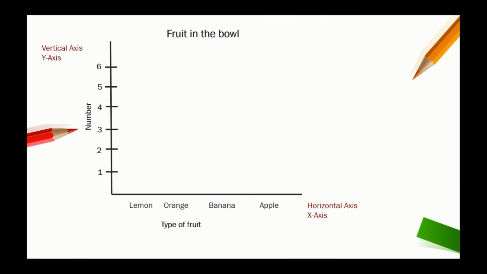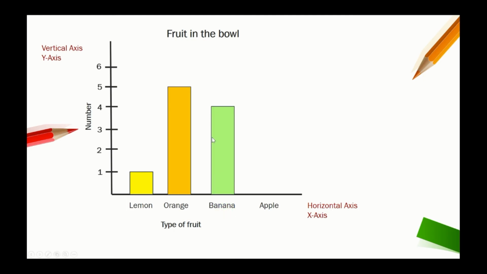The next thing we're going to do then is create the bars in our bar chart. So starting first with lemons. In our lemon category, we create a small bar that represents the number of lemons we have. So going across from 1. Oranges, we had 5 oranges, so we draw a bar that brings us all the way up to the number 5, and that represents the number of oranges we have.